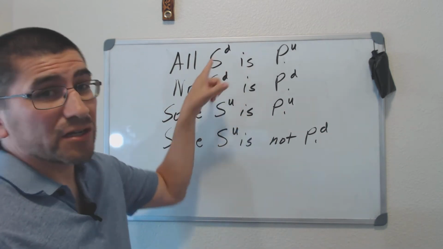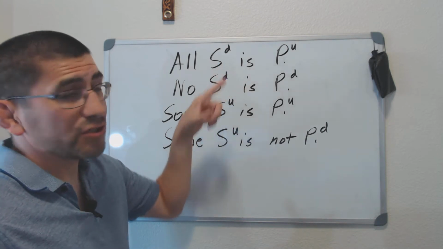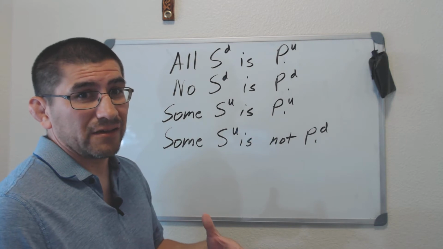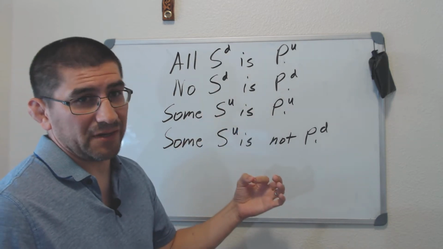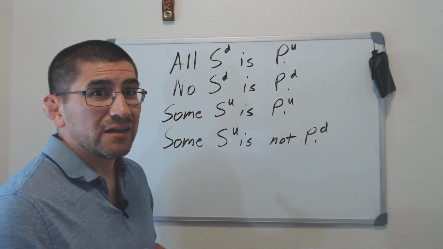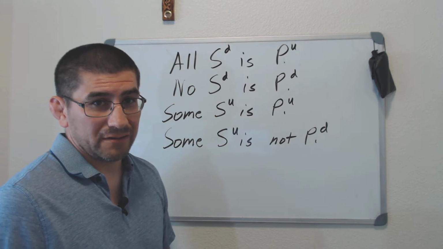And so when a term, this S right here represents the subject term, when a term is used universally, we say it's distributed. And when a term is not used universally, it's used in a particular way, we say it's undistributed. Okay?